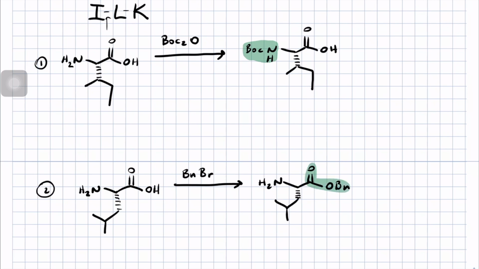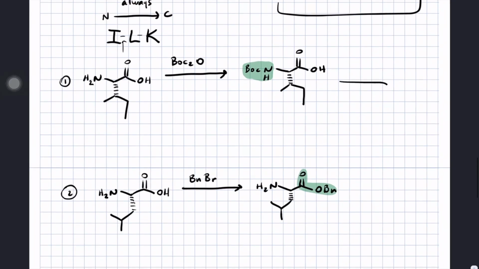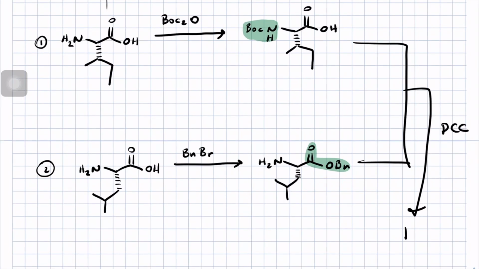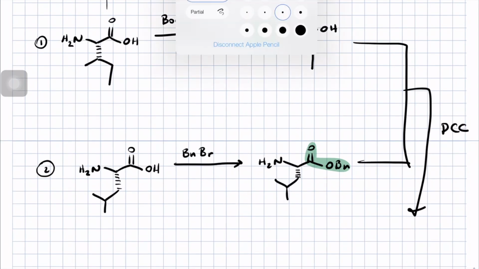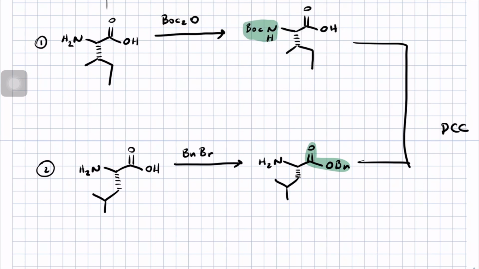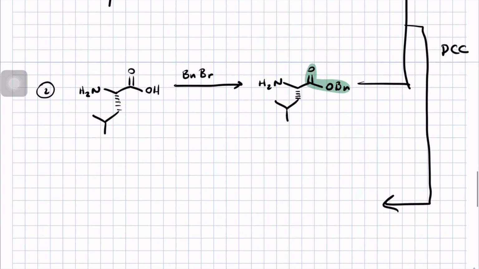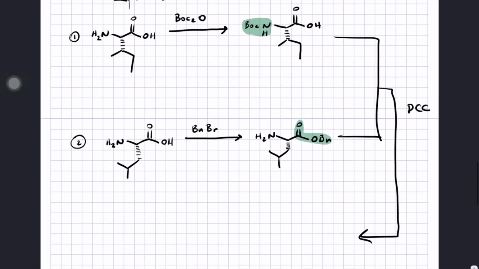And so now we can actually take these two groups together and use DCC, and that will enable us, sorry, that arrow went kind of in the wrong place. That will enable us to make the isoleucine-leucine dipeptide with the N-terminus protected as the Boc group and the C-terminus protected as the benzyl ester.